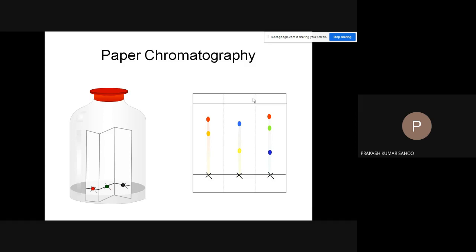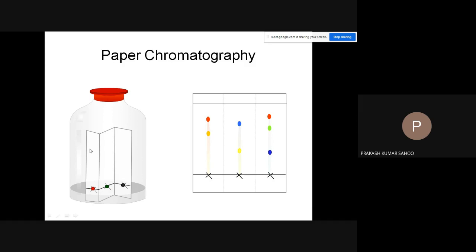How is chromatography applied? We have a thin layer chromatography paper which is equally divided, and at the bottom we place a straight line and we put three samples. One is my reaction reactant, second one is the product I obtained, and third one is the mixture of reactant and product.